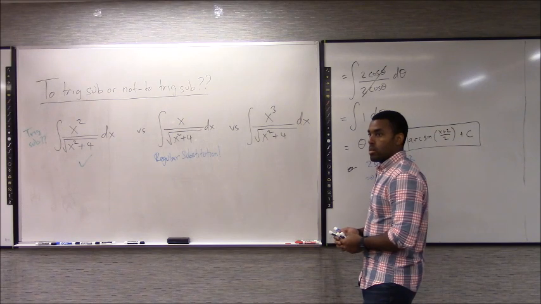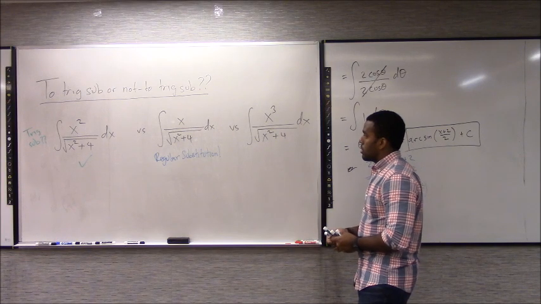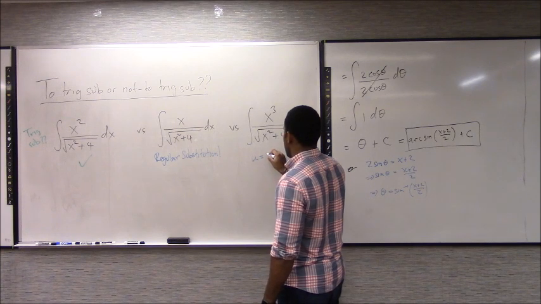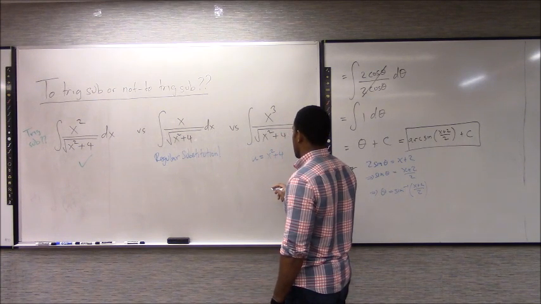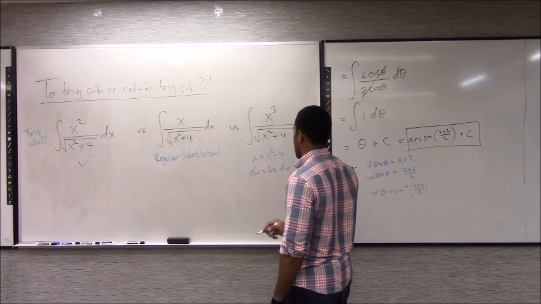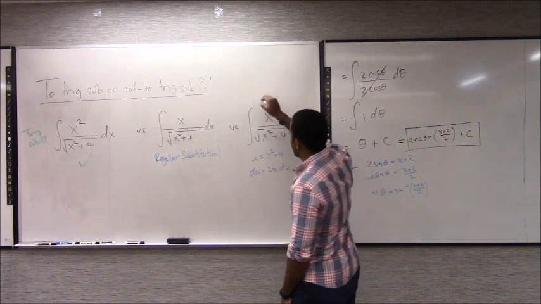Could you do, if you make u x squared plus 4, and then the derivative is 2x, but you separate the top into x and x squared? U equals x squared plus 4, and then du is 2x dx, so one x, the top separates into x times x squared.